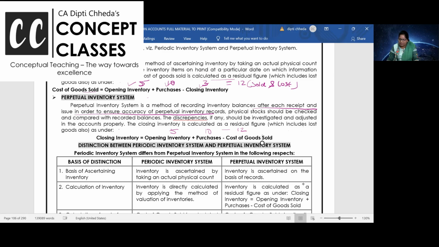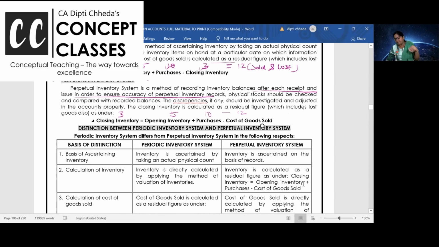So your inventory is 3. This time count, read it again. Perpetual inventory is measured after every receipt and issue. Physical stock should be checked and compared. Discrepancies, if any, should be investigated and adjusted in accounts. Closing inventory is calculated as a residual value, which includes lost goods.